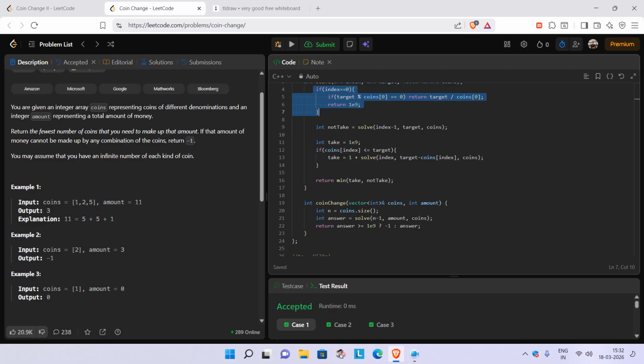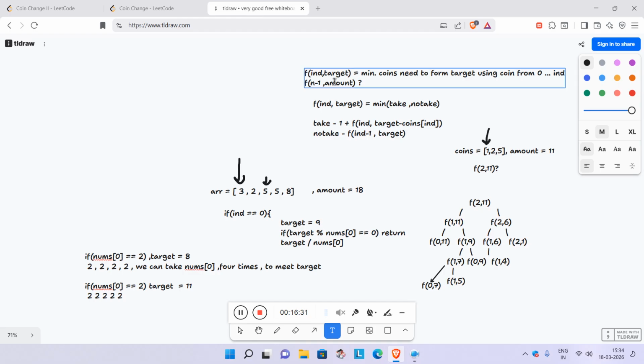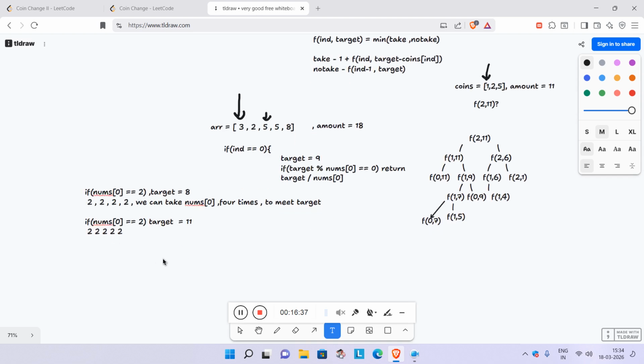You don't have to be confused if you're wondering why we don't include this test case in our base case.